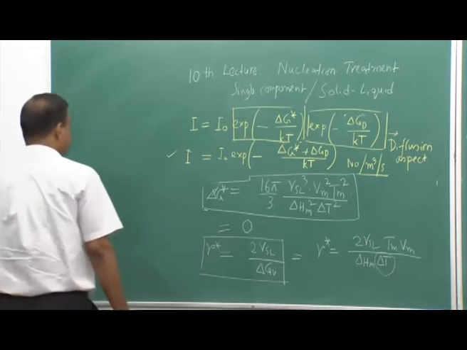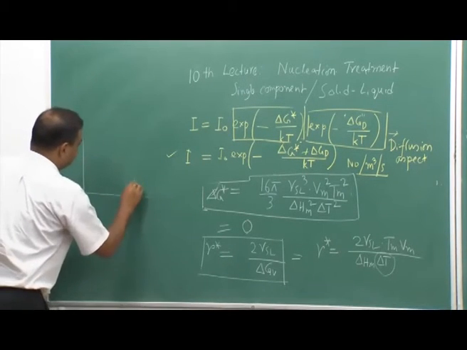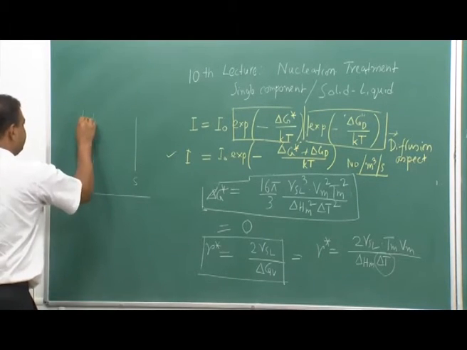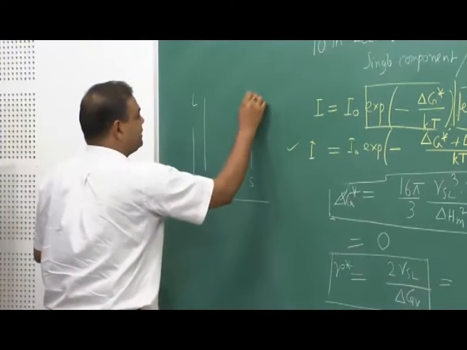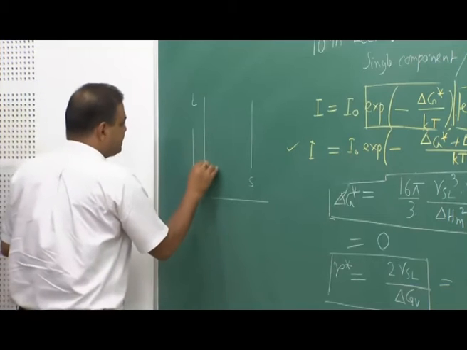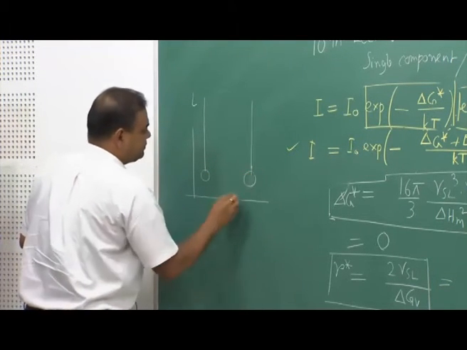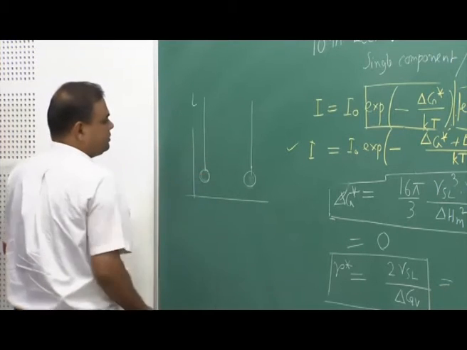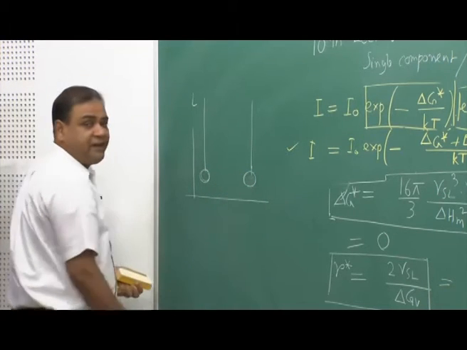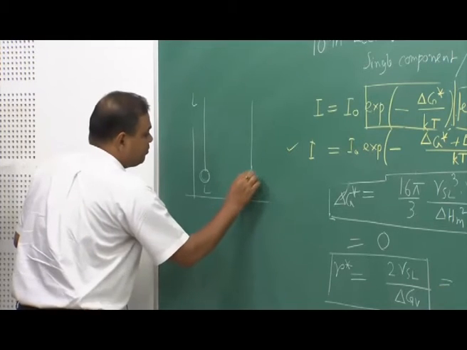Now, if we try to see its evolution, let us say this is my solid surface and this is my liquid surface. Let us assume that they have an interface like this. Now, if the liquid atom position is this and the solid atom position is this, this solid atom position is vacant and the liquid atom takes the solid atom position.